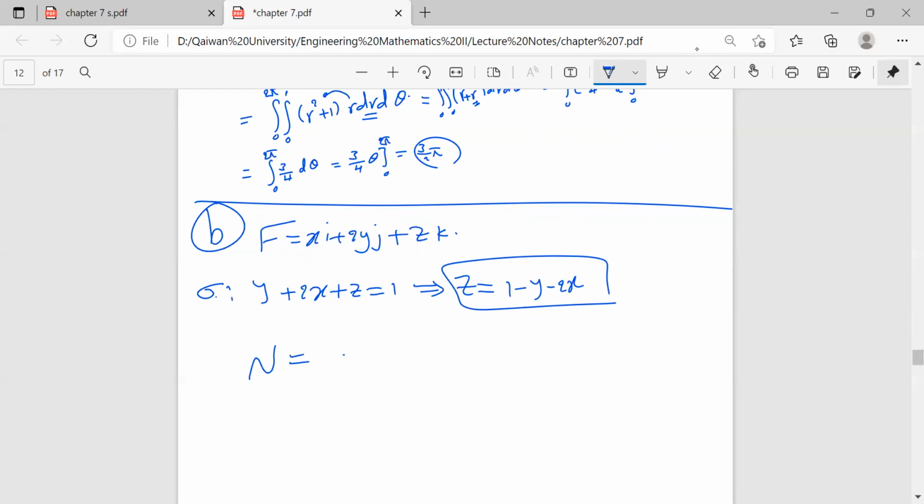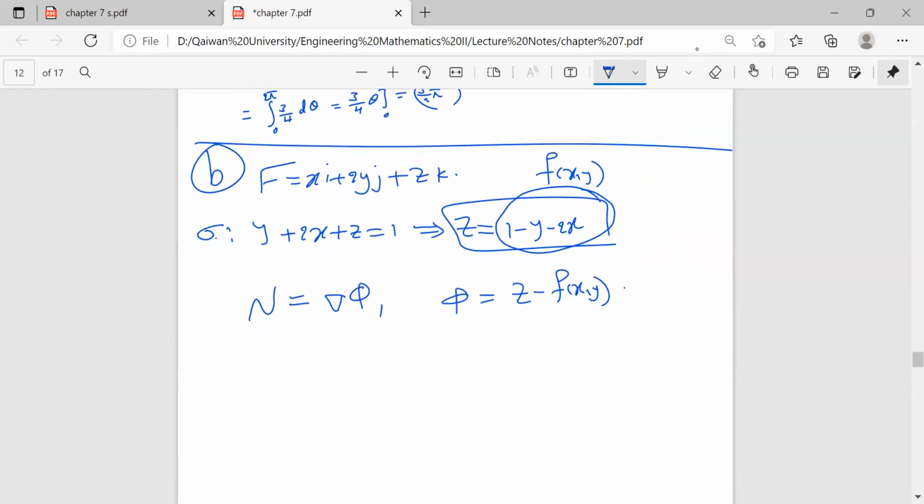N is grad phi, but phi is z minus f of xy. Okay, that's it.